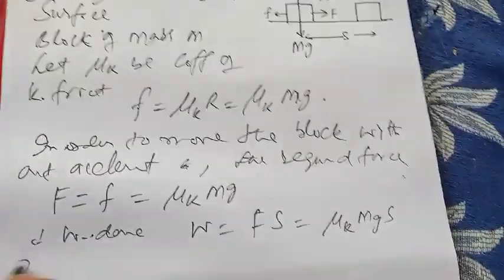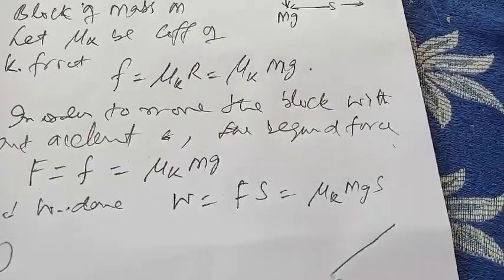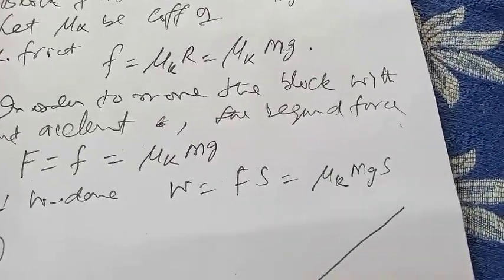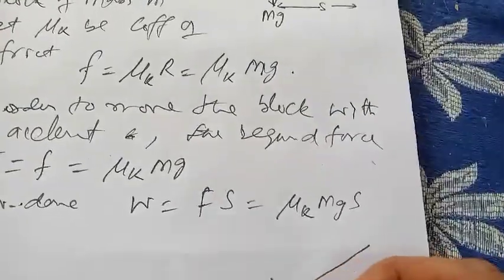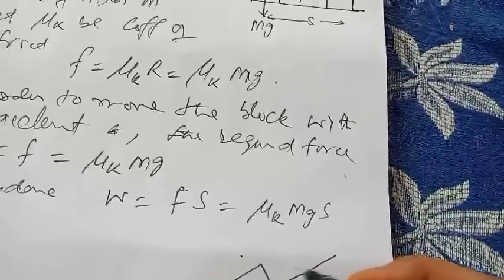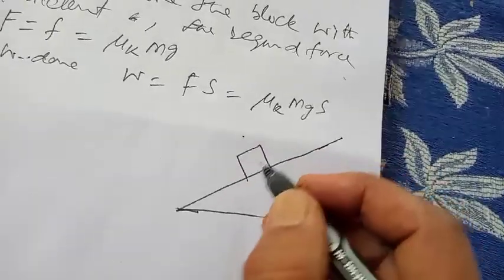Now, in the second case, we'll see the work done against the force of friction when the block moves along an inclined plane. This is an inclined plane. We'll see the forces acting on it.